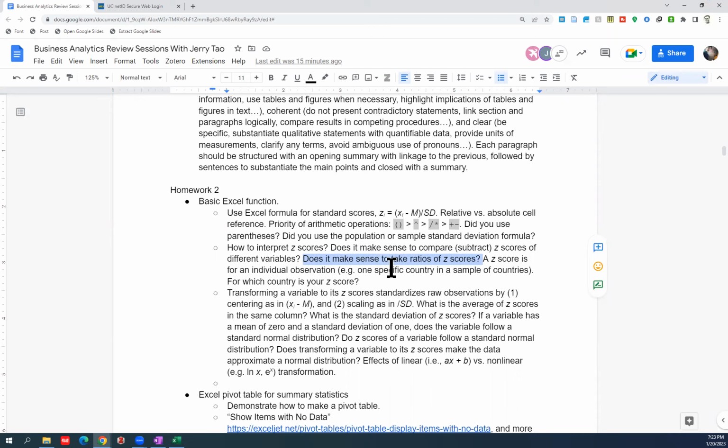Hi. If two countries have the same z-score for the same variable, what could we infer from that? Oh, we could tell that they share the same raw value.